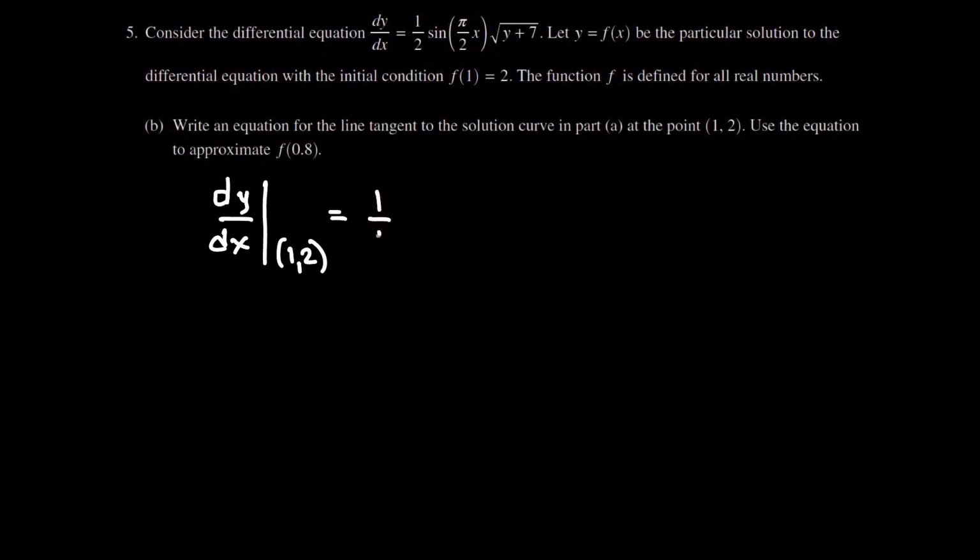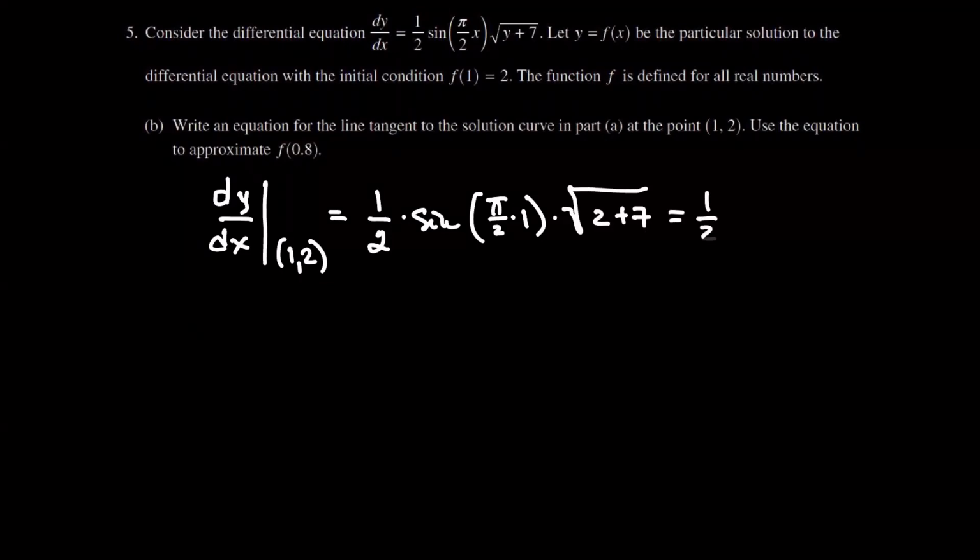So this is equal to 1/2 times sine of pi over 2 times 1, times the square root of 2 plus 7. And this is equal to 1/2 times sine of pi over 2, which is 1, times the square root of 9, which is 3. So this is equal to 3 over 2. So the slope is equal to 3 over 2.